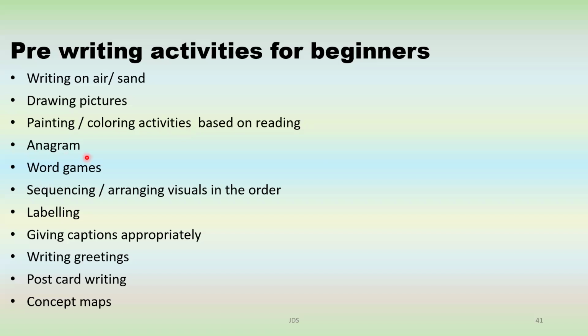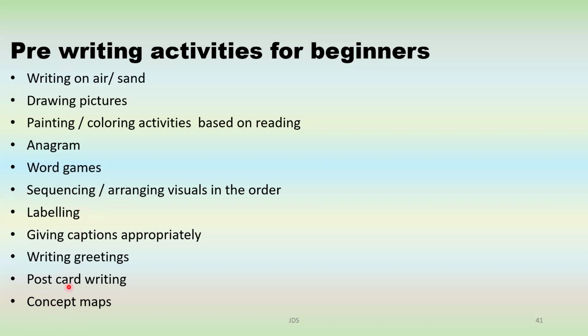Anagram means jumbled words. For example, TREE, tree, you jumble it and give RET and then another E. Now they need to put it into the correct form. Word games, crossword puzzles, or any kind of word games. Sequencing the letters and forming words, all those labeling.